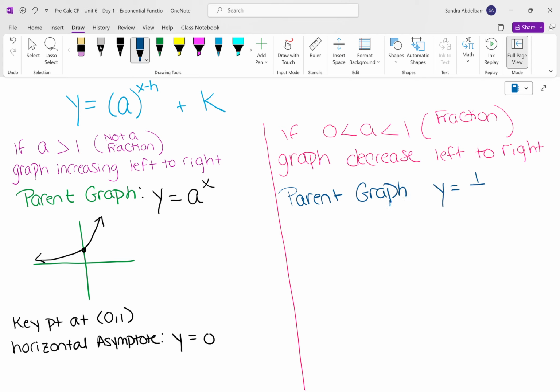Our parent graph will be y equals a half, y equals 1 over a raised to the x.